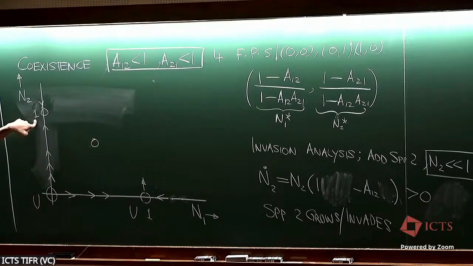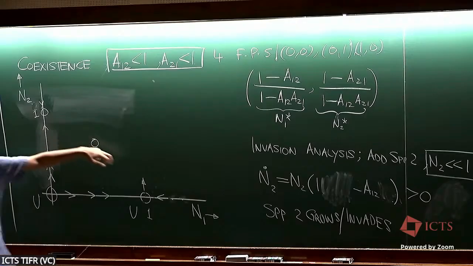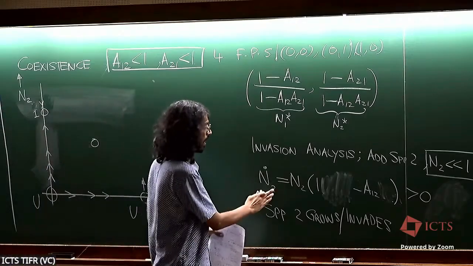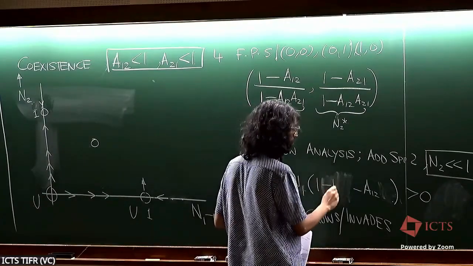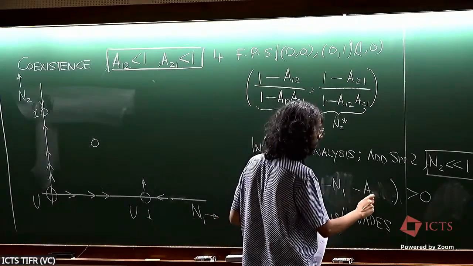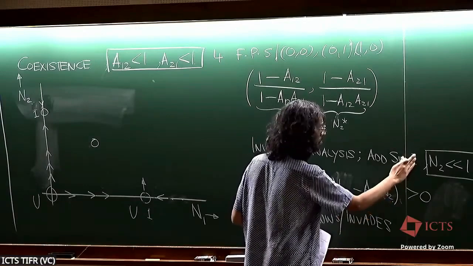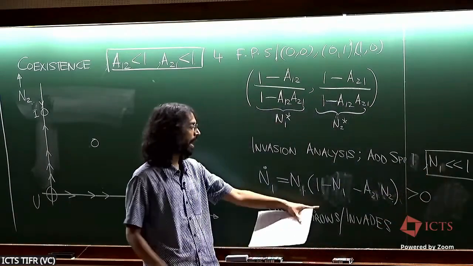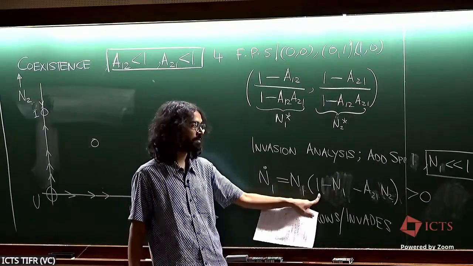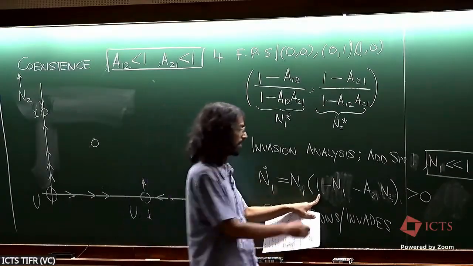Same logic, right? You add a little bit of species 1, right? You do the same thing. N2 dot becomes N1 dot, becomes N1. This is 1 minus N1. This is 1 minus A21 N2. All the 1s become 2s. What do you have? You have again that N1 is much, much less than 1 because you're invading with a little bit of it.